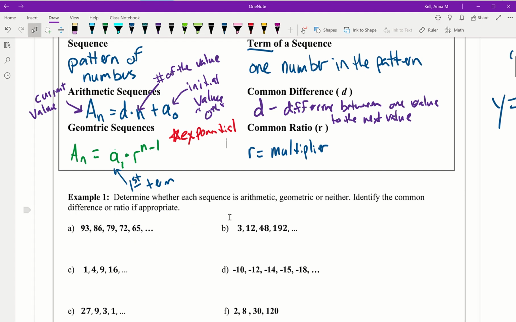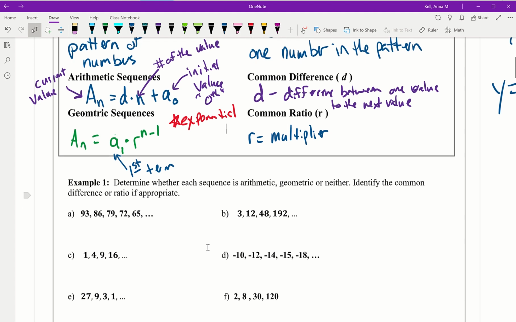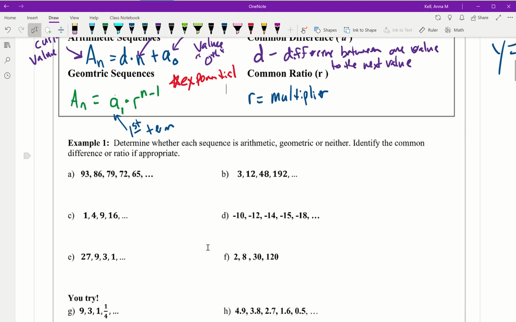So here's what we're going to do. If we are going to tell if something is an arithmetic sequence, a geometric sequence, or perhaps neither, we want to see if there is a common difference, okay? If there's a common difference, that's going to be addition or subtraction.